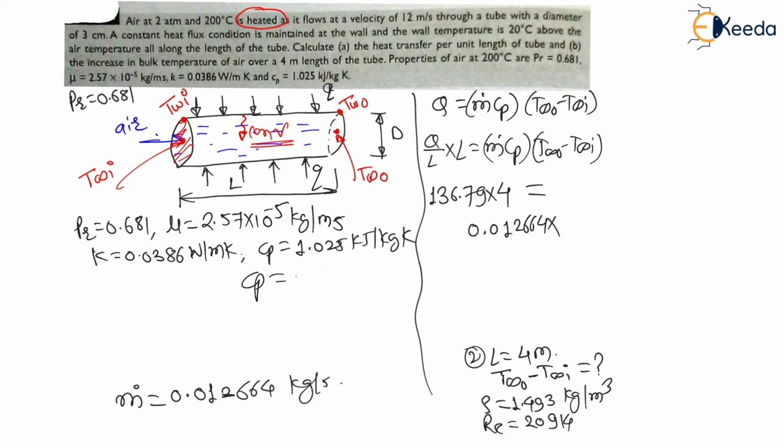Therefore this Cp becomes 1025 joule per kg Kelvin. So it will become 1025 into T infinity O minus T infinity I.